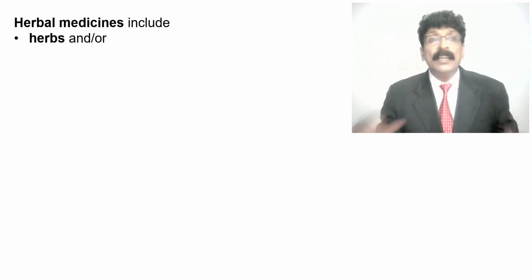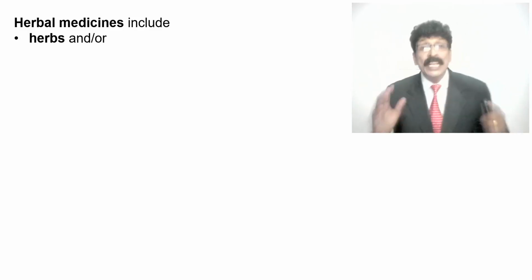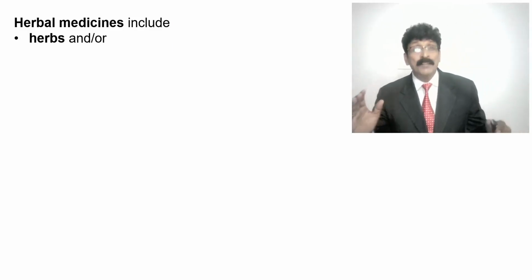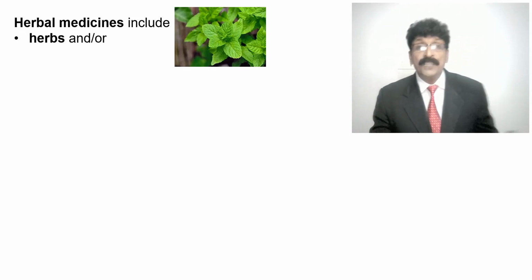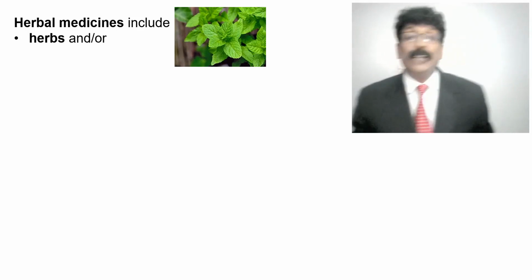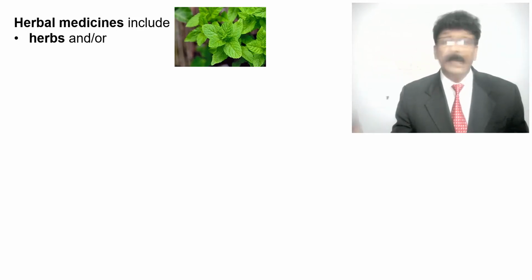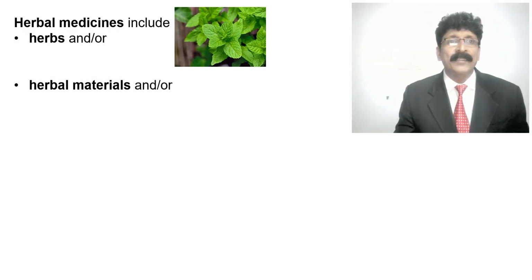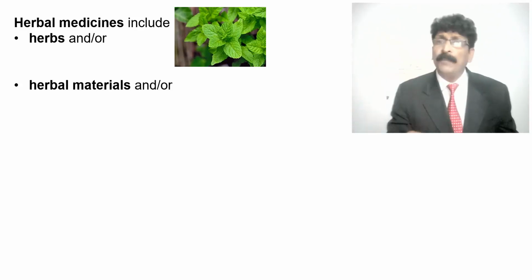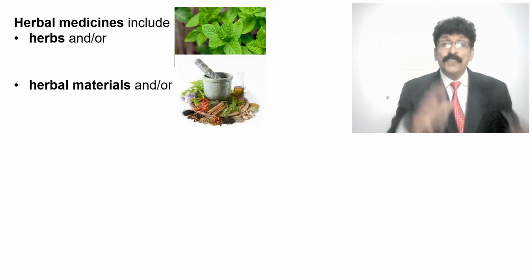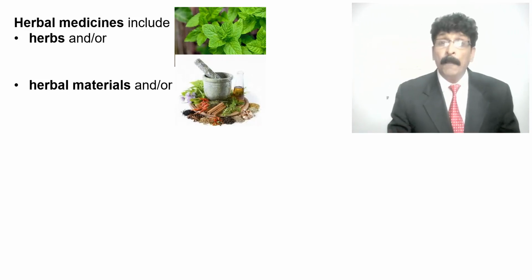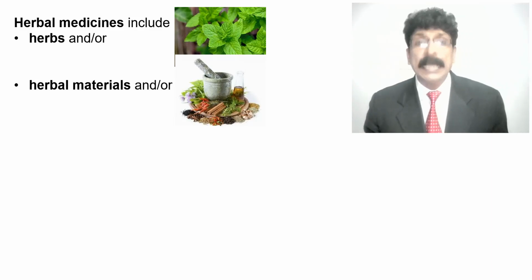So see here, herbal medicine includes what all? Herbs. You should know what a herb is, you should know that definition. Herbs means leaf, root, stems, all the parts of the plant directly. Medicinal plant. Herbal material: the material which is prepared from the herb, which we are using in traditional practice and even in our Indian medicinal systems like Ayurveda, Siddha, Unani.